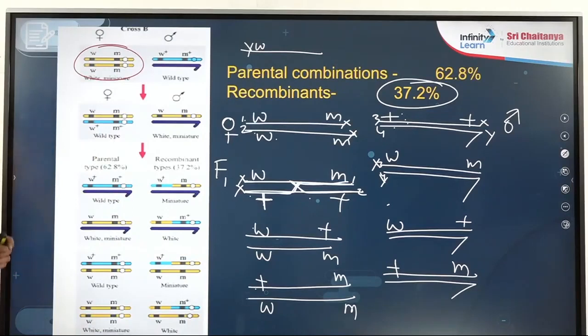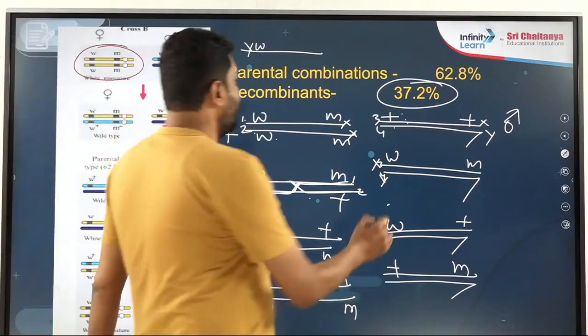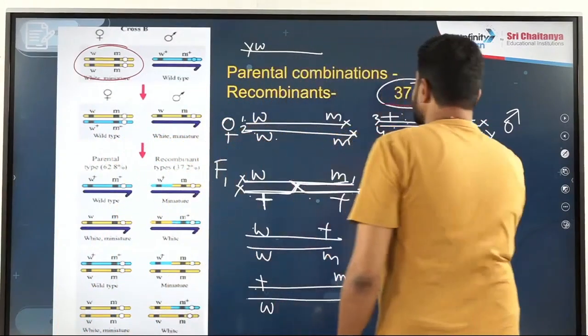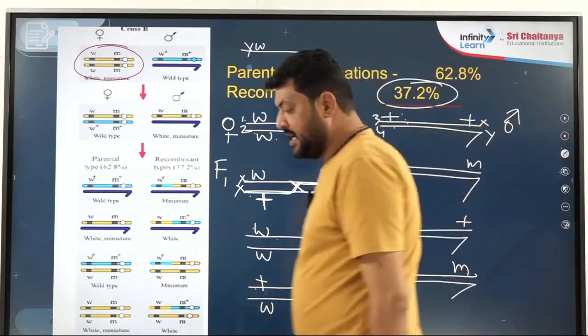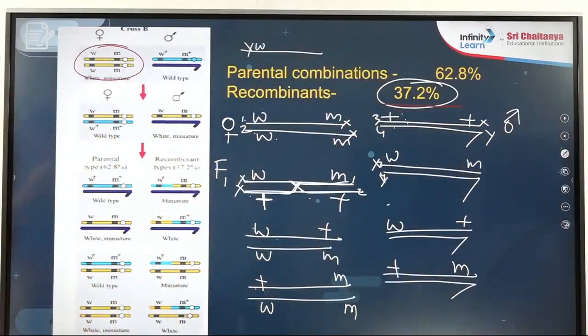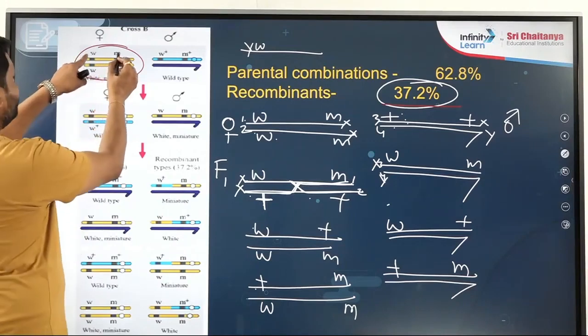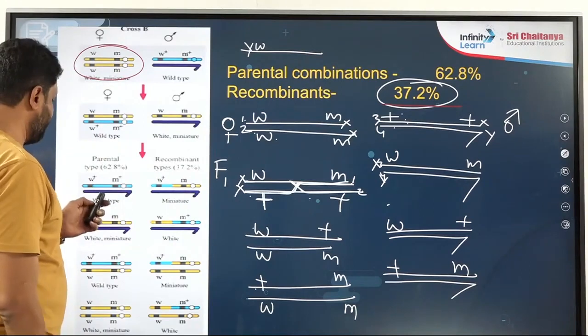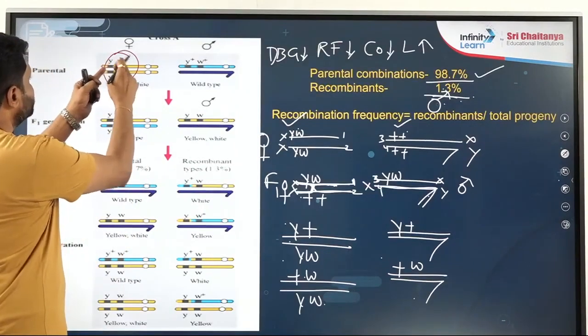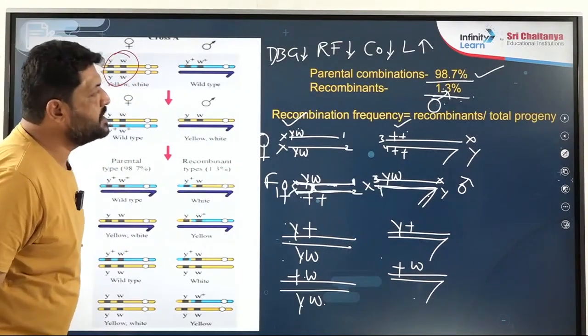If two genes are distantly located, then the chances of crossing over and of recombinants are more. Hence, Thomas Hunt Morgan could easily understand that the percentage recombination frequency is directly proportional to the distance between the two genes. 37.2 centimorgans is the distance between two genes. Here the distance between the two genes is 1.3%.